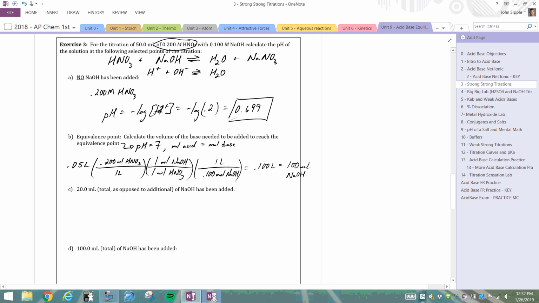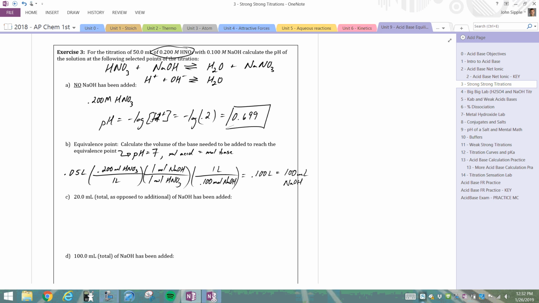Now what they want us to do is calculate the pH when 20 milliliters of NaOH has been added. So we have to figure out how many moles of H we have to start with, and how many moles of OH we added.